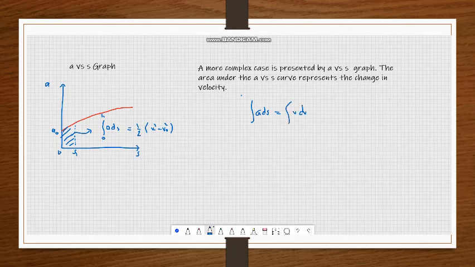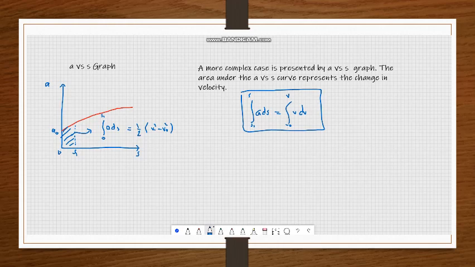We have this formula. So if we take from S0 to S and V0 to V, and take the integral of a ds, we need to find v dv, which is 1 over 2 times v1 squared minus v0 squared. That's why I wrote it in this form.